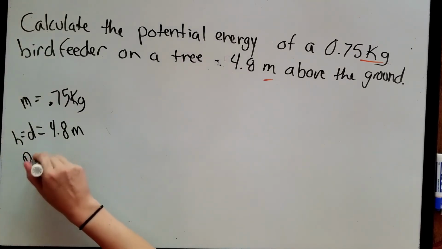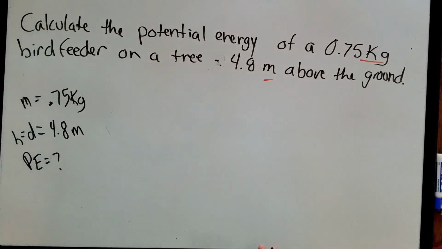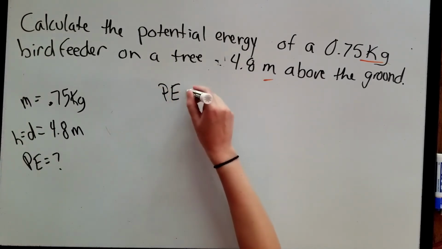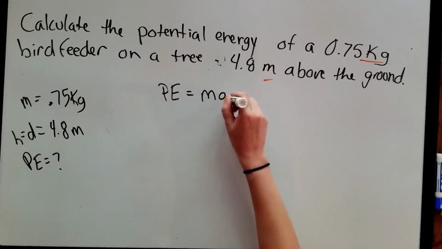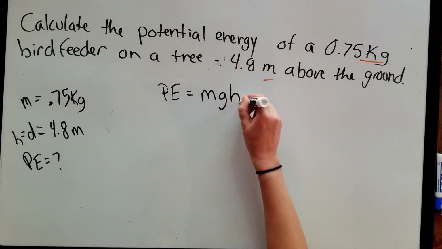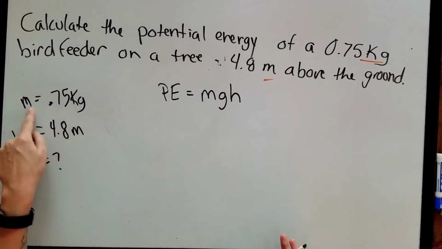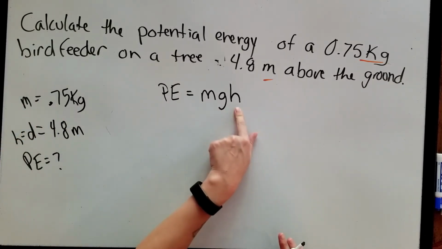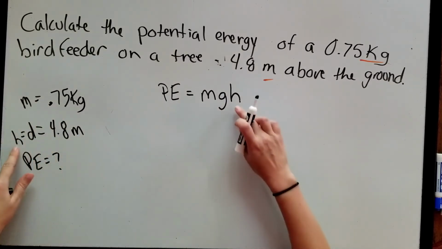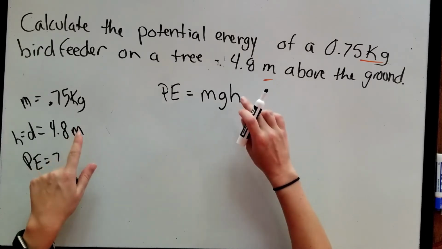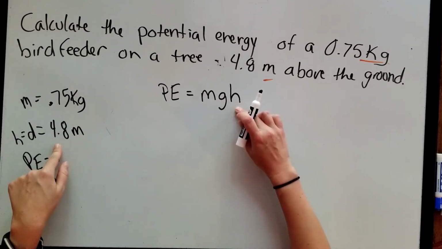Potential energy is what we're searching for. And we only have one equation for potential energy, and that is mgh. Okay, so m is our mass, and instead of putting d for distance, they put an h, but it's still in meters, it's still the same units, still the same value.